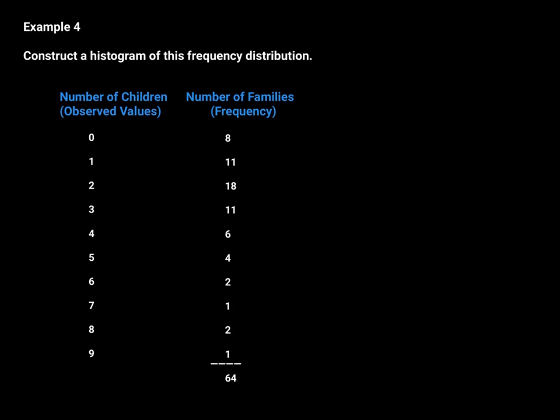Now, to create a histogram, what we're going to do is draw a set of axes, a horizontal axis and a vertical axis, okay? The horizontal axis will correspond with the number of children. So my horizontal axis must go from 0 through 9, and my vertical axis must reach as high as the largest value, which is 18. 18 is the highest value I need to reach on my vertical axis.